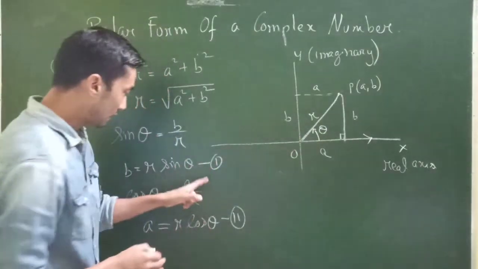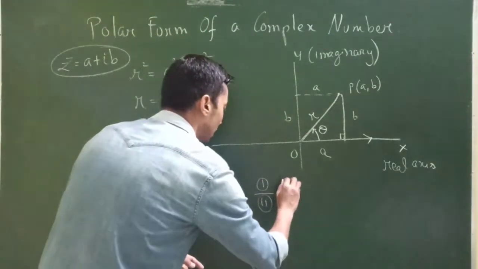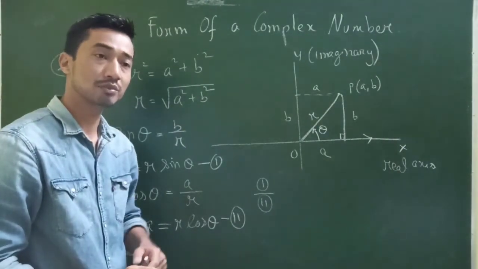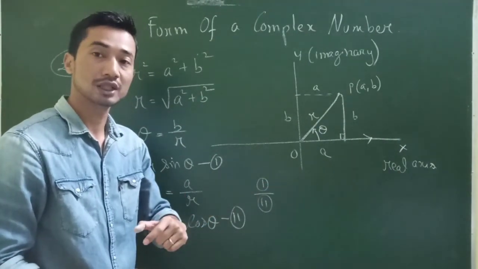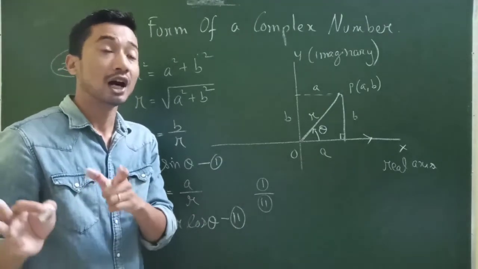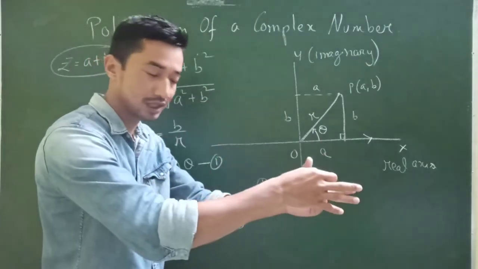We are trying to learn about the polar form of a complex number. Our normal standard complex number, the algebraic form, was a plus ib. How do we represent that a plus ib in the polar form? We are going towards that only.